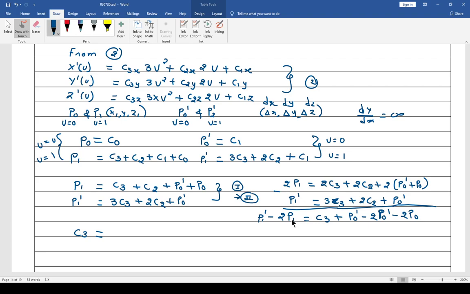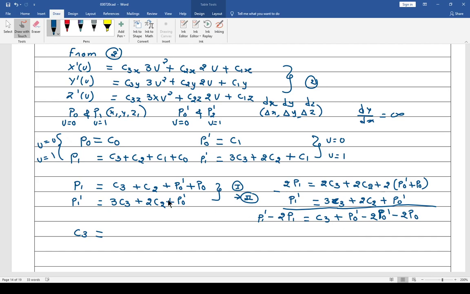So this is 2p1 and this is 2p0, so I can take that as common, and then I have p1 dash and p1 dash.